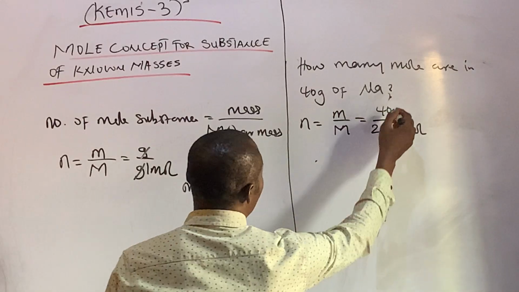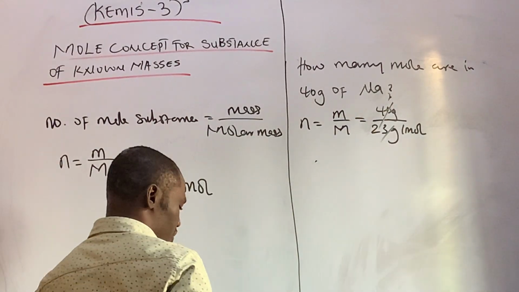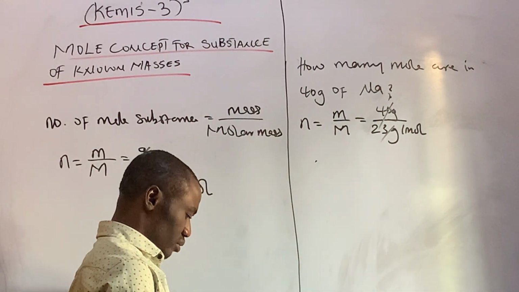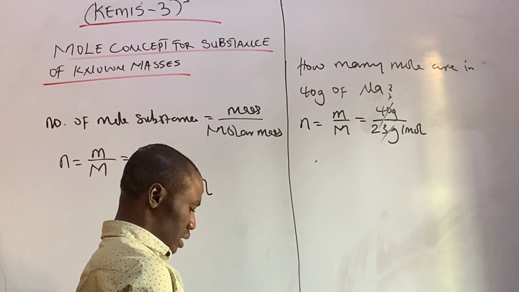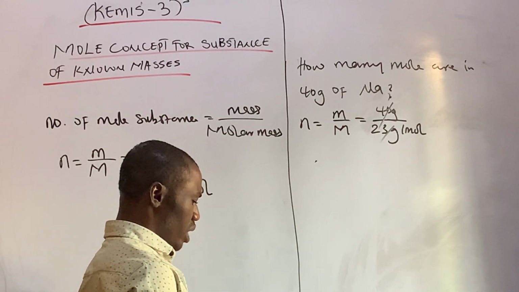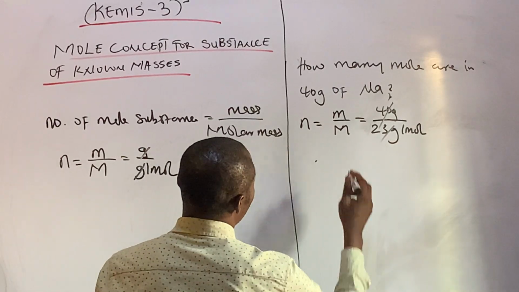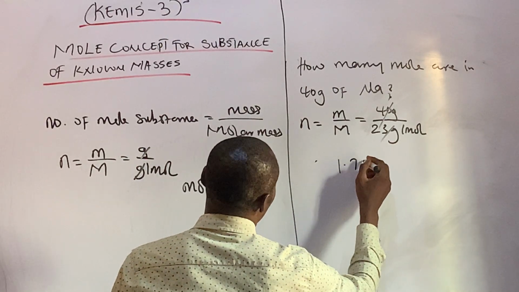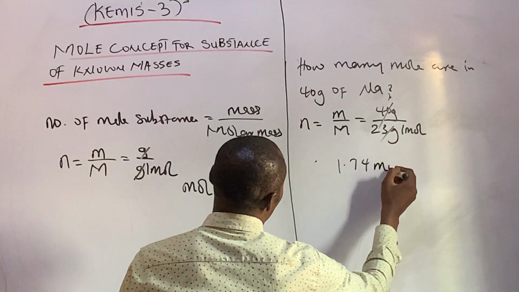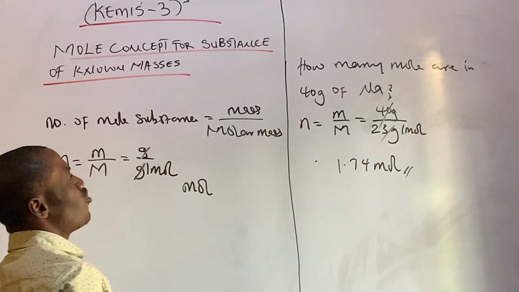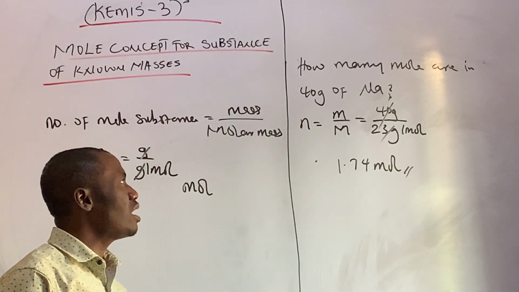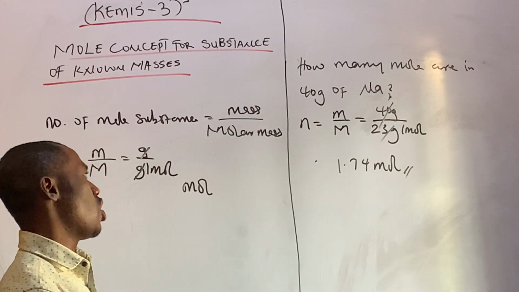So what I will do is 40 divided by 23. That will give me 1.739, okay, let's make it 1.74 mole. So that's the answer, the number of moles in 40 gram of sodium.